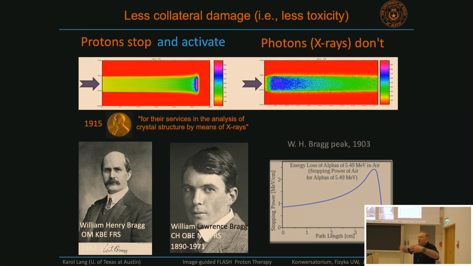They just shower through the entire track where they are exhausting their energy. And again, these are the two Braggs, father and son, who got the Nobel Prize, not for the Bragg peak, which was discovered by William Henry, and this is more or less his plot from 1903. They got a Nobel Prize a little bit later.